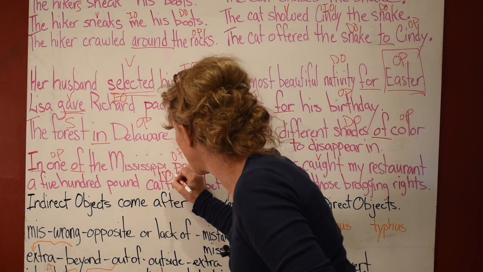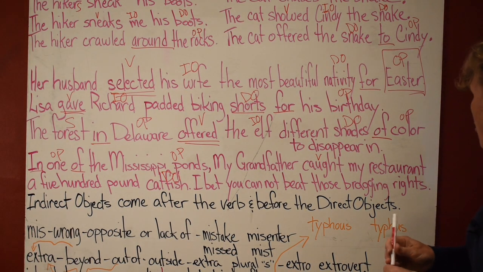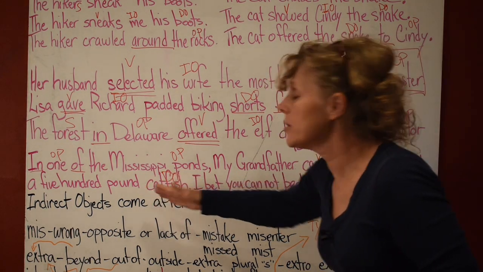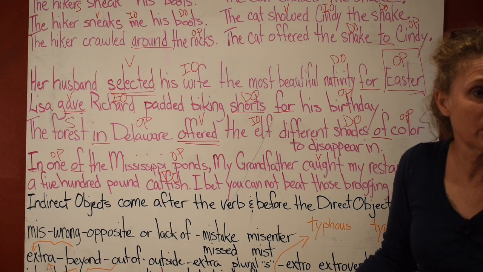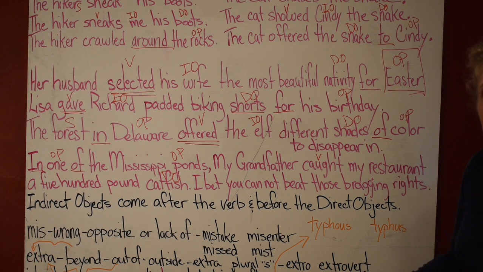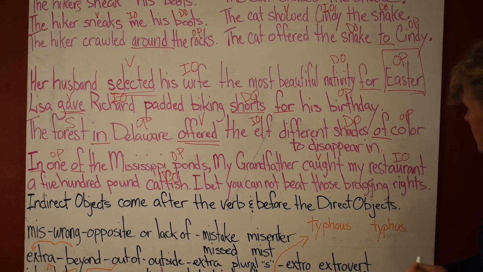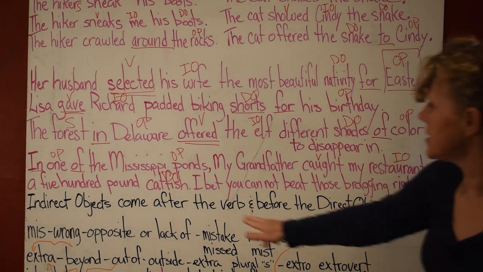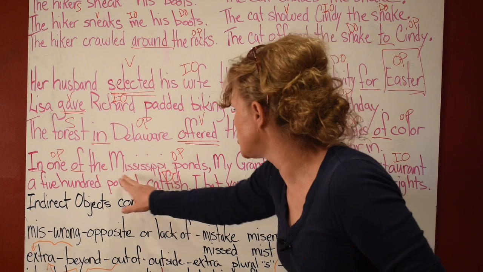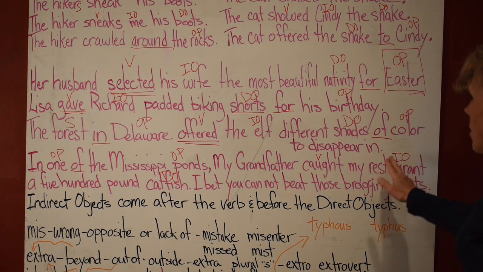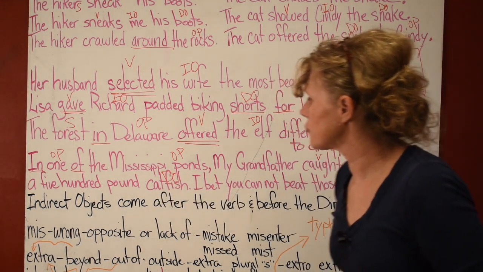So this is your direct object. All right? So, who's going to receive the catfish? The restaurant. So this is the indirect object. See how the indirect object is sitting right between your verb and your direct object.